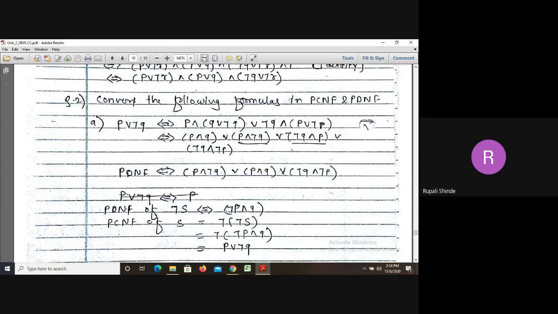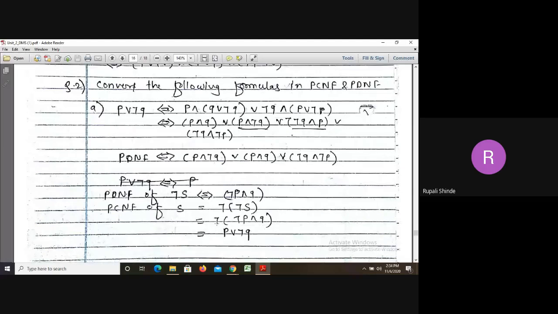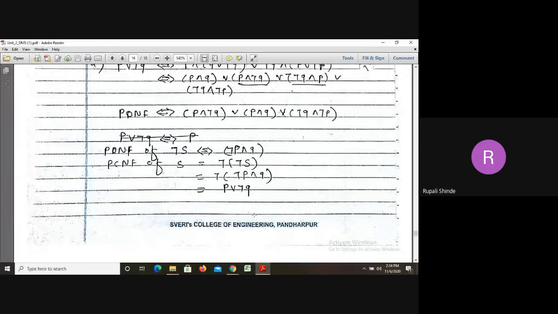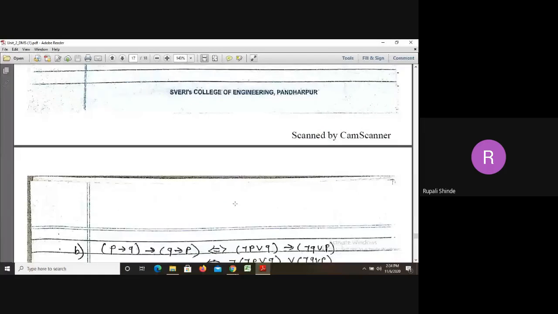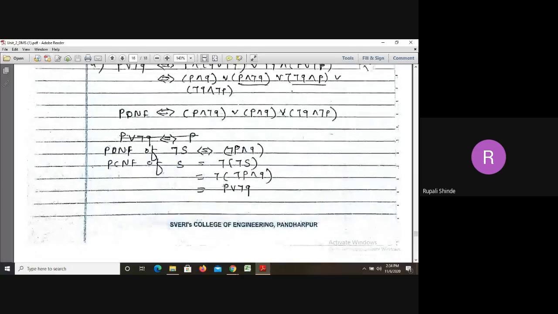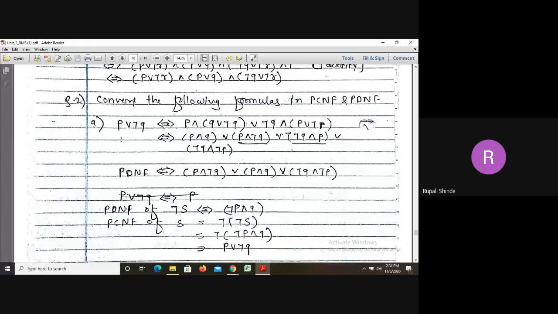No. So this is that remaining term. Now we have to take the negation of this remaining term, negation of negation P and Q. Now apply this negation over this bracket. You will get P or negation Q. And this is PCNF. So this is the PCNF for this given formula.